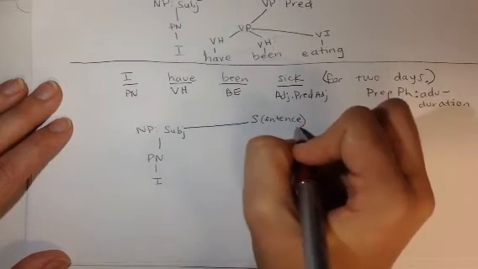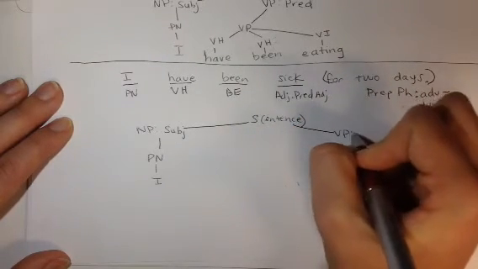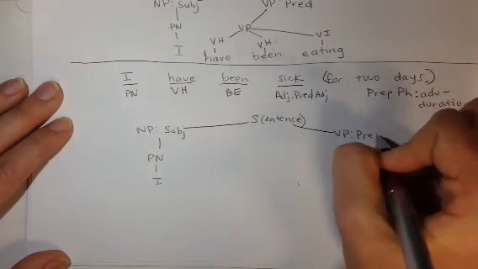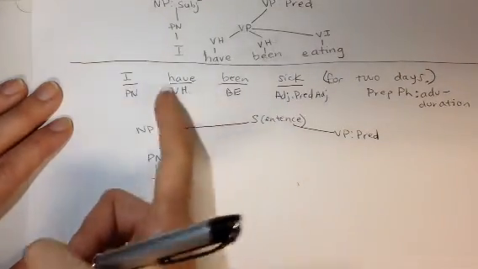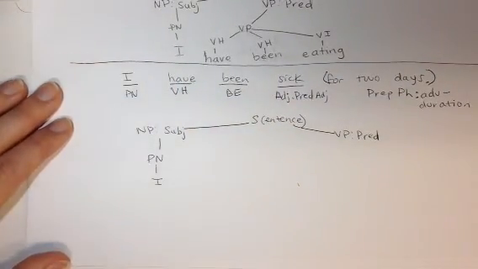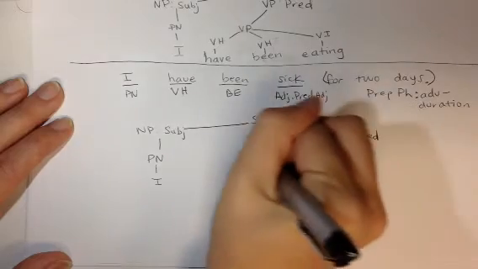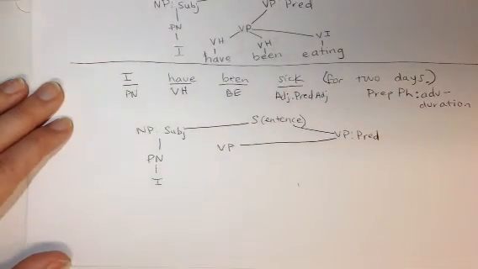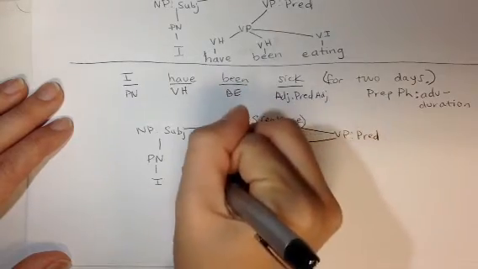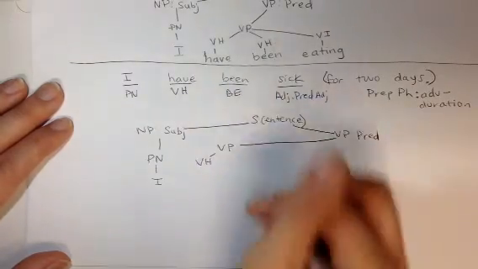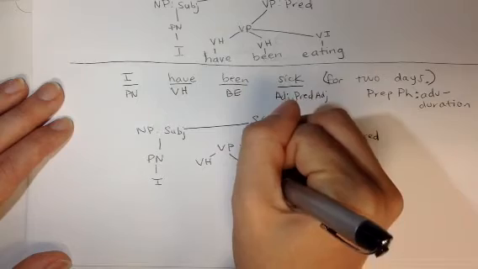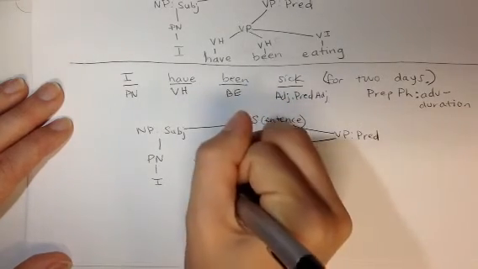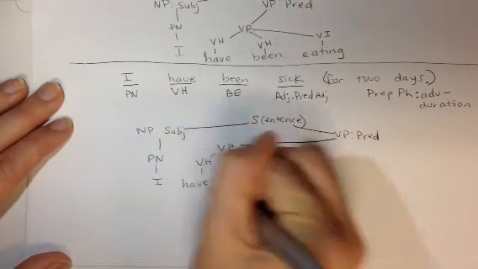Then I'm going to say verb phrase predicate. Now, because I have a helping verb, I'm going to have a new verb phrase. And I'm going to split that verb phrase up into two sections. The helping verb, the VH, and the be verb. So I have been.